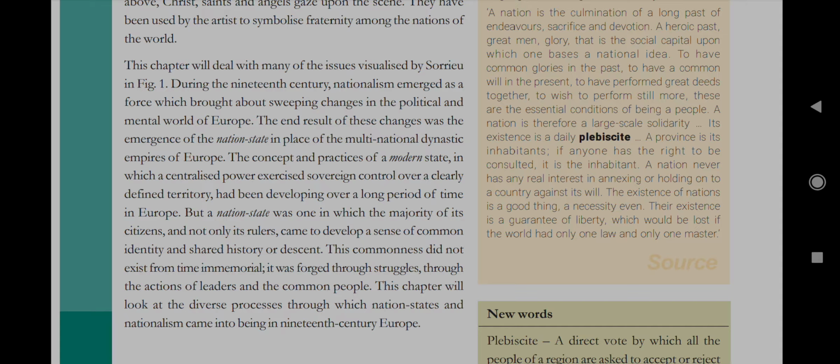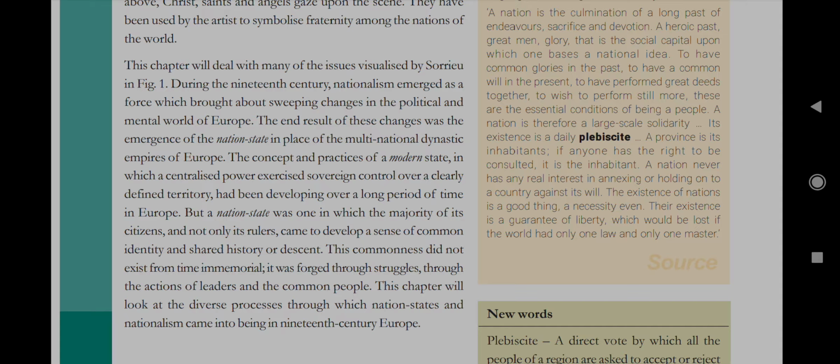During the 19th century, nationalism emerged as a force which brought about sweeping changes in the political and mental world of Europe. The end result of these changes was the emergence of the nation-state in place of the multinational dynastic empires of Europe. So this chapter will basically deal with all those things which Sorrieu imagined.